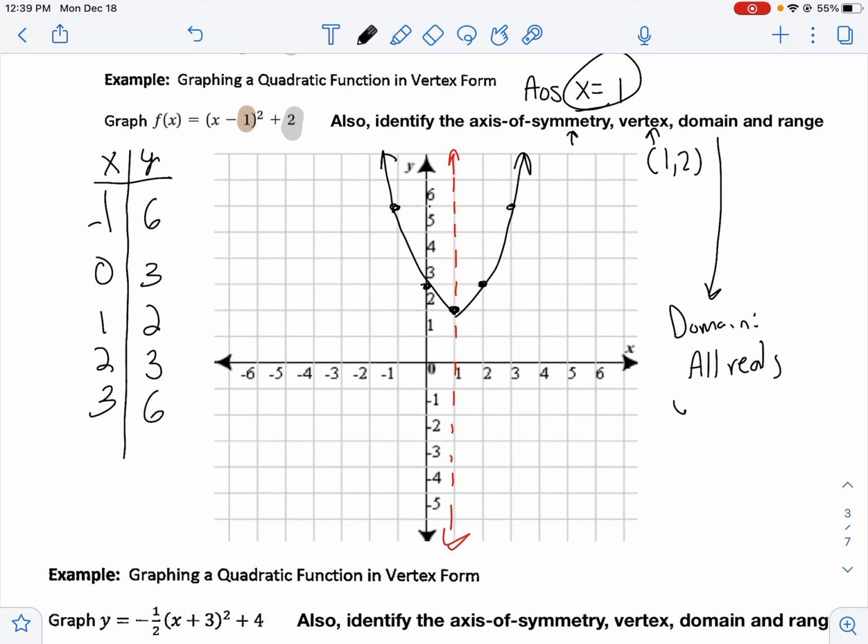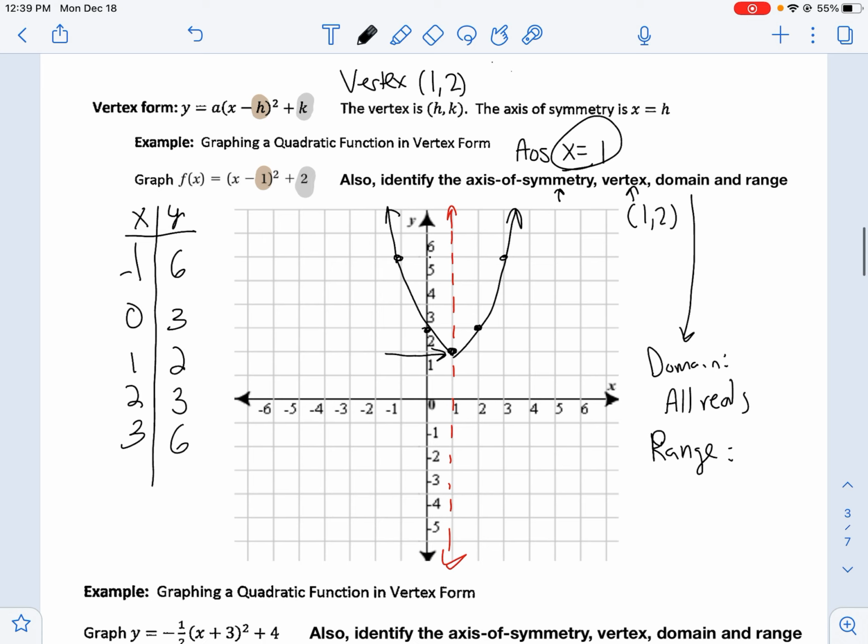And the range means the type of outputs you can get, the type of y values you can get. So the range over here, it has a minimum, right? The vertex is a min of 2 at x equals 1. So we can say it that way.